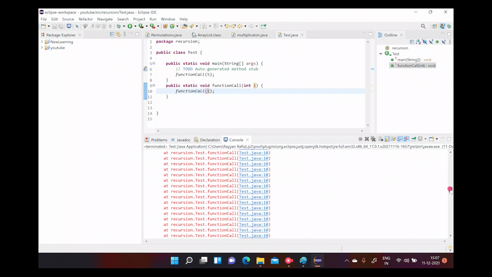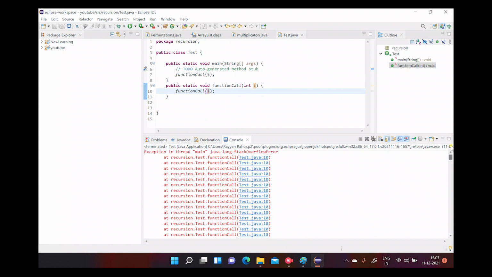So we're going to run into an error known as the stack overflow error. This happens when we don't follow the rules. That is, if we don't reduce the input in our next function call, that is the recursion call, and also if we don't stop our recursion.